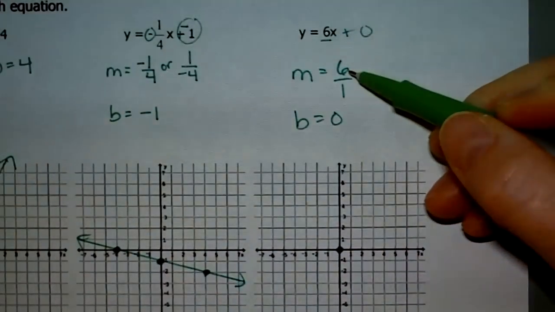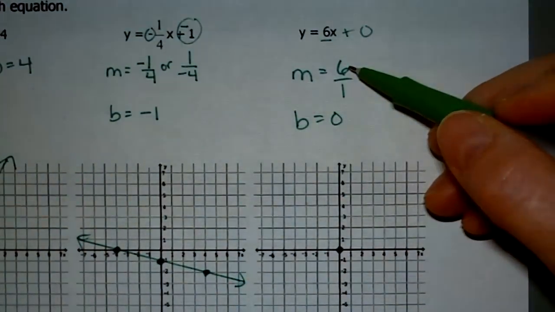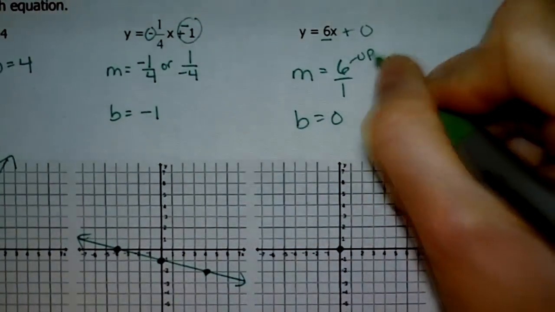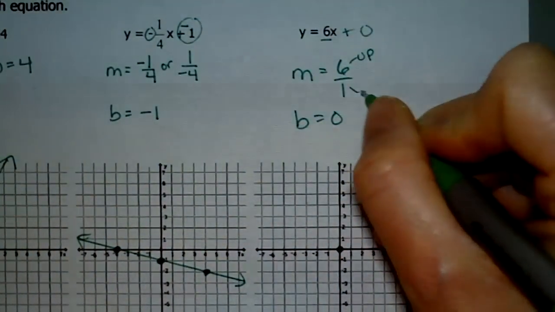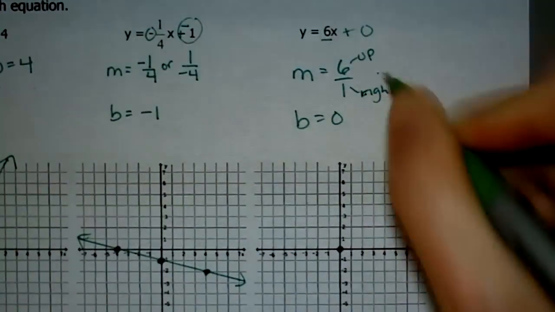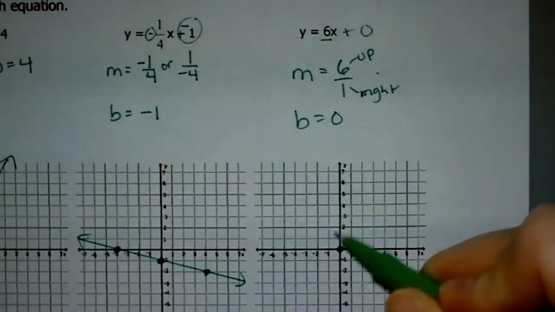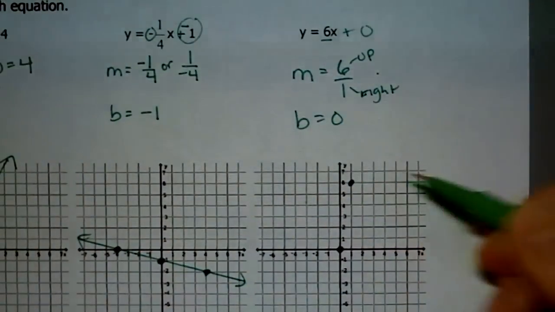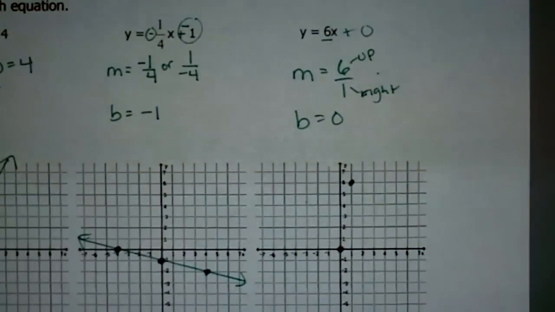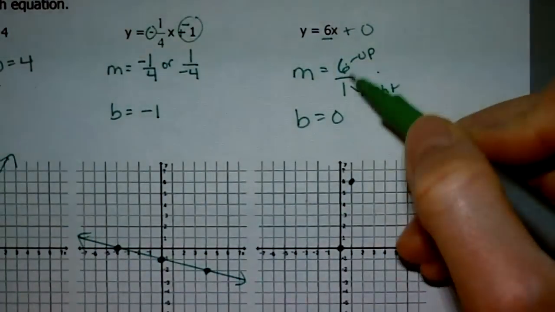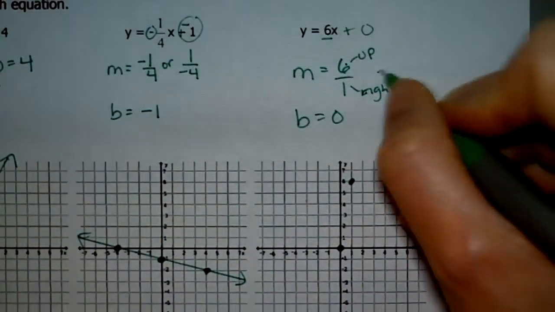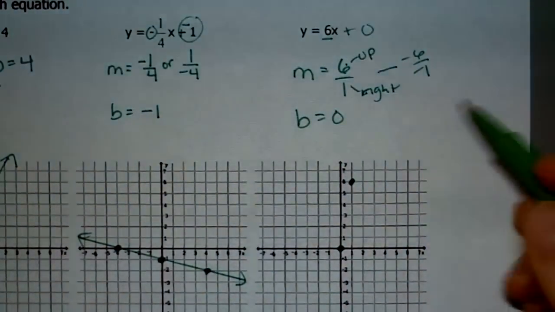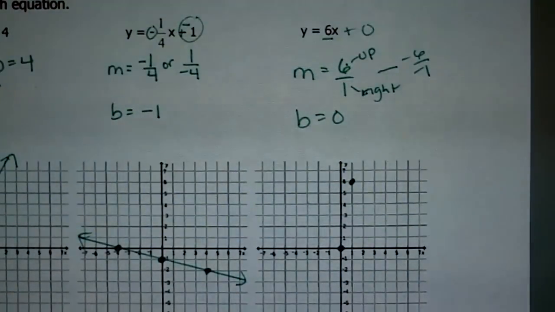And if I wanted to plot the rise over the run, this 6 on the top means up because it's positive. This 1 on the bottom means right because it's positive. So from here I would go up 1, 2, 3, 4, 5, 6, and right 1. And I like to have 3 points, right? 3-pointers. So if I have a negative 6 over a negative 1, that'll still simplify to positive 6, right?